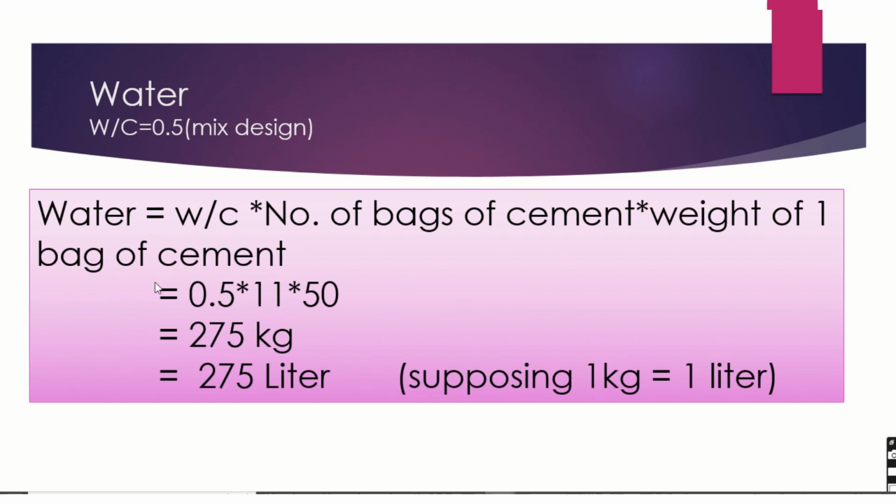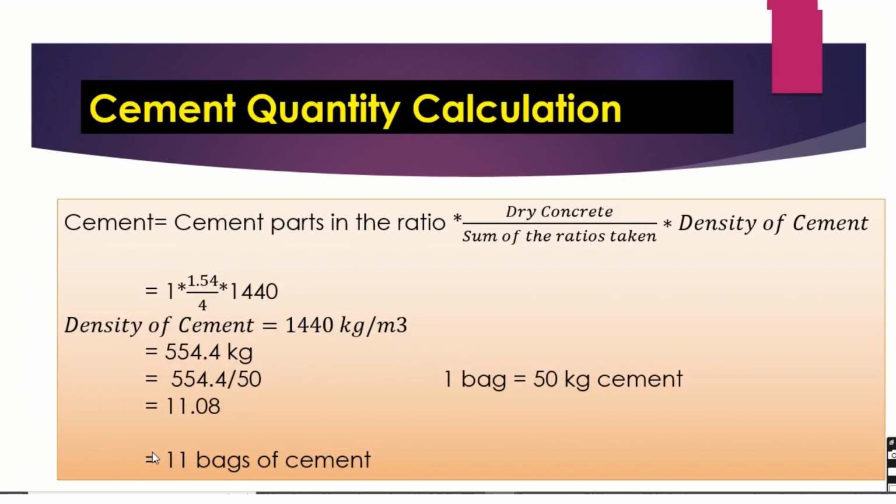This comes from the mix design. For calculating water for 1 meter cube of concrete, we need the water cement ratio times the number of bags of cement that we calculated for this mix design, M25, times the weight of 1 bag of cement. Here we have water cement ratio 0.5 and the number of bags of cement that we calculated earlier, which is 11 bags.